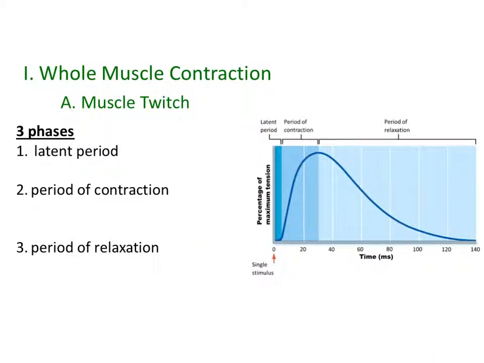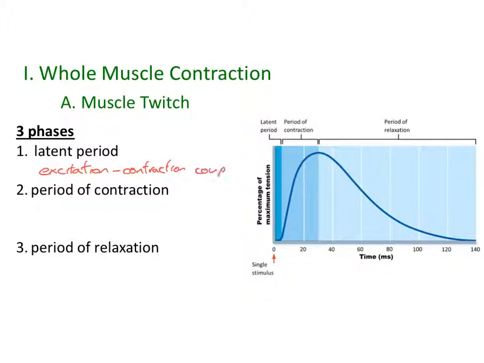A muscle twitch takes place in 3 distinct phases. The first phase is called the latent period, and this is the period that is needed for excitation-contraction coupling to occur.